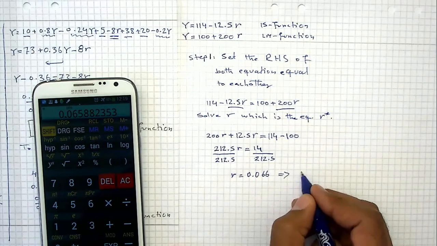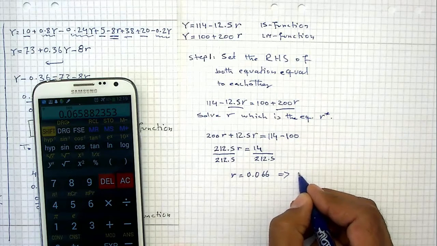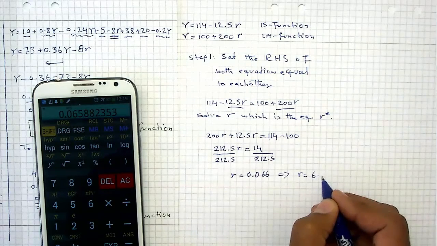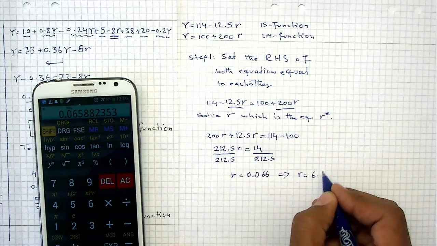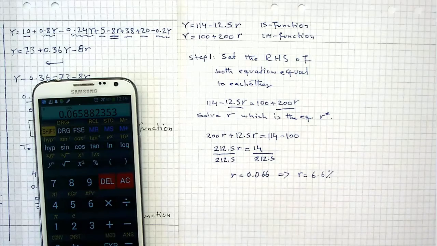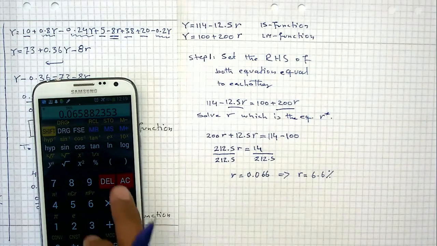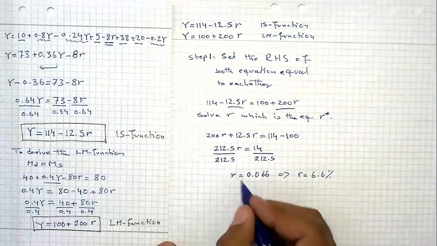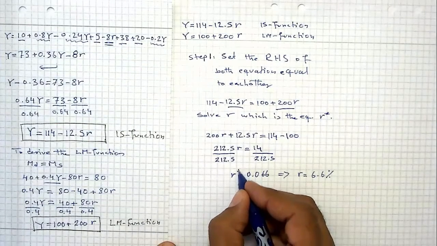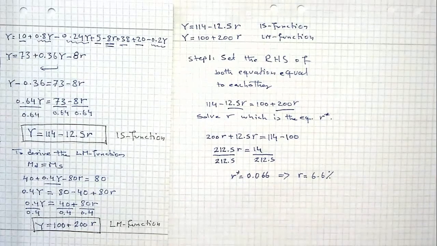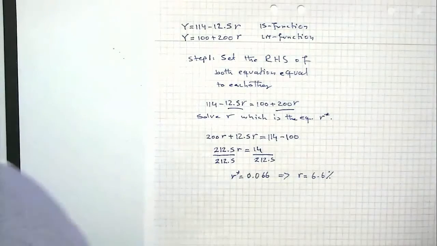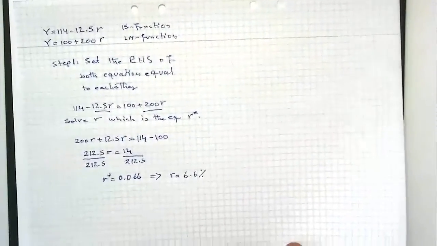That's the same as saying that the interest rate is equal to 6.6%. Okay, and this is the equilibrium interest rate. Well, I don't need this page, I can get rid of this and just move the whole screen here.